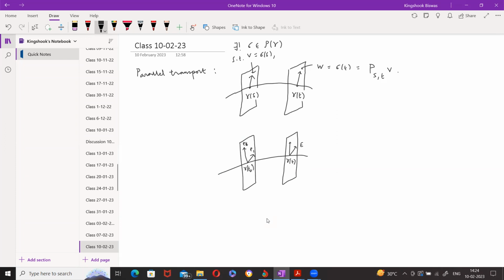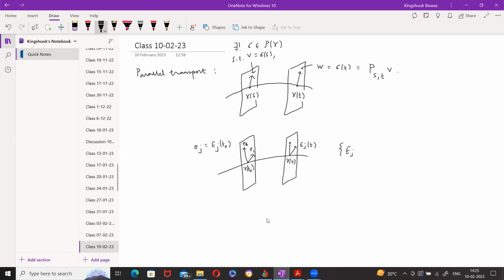This basis will be E_j of t. So this little e_j is E_j of t_0. So you take one basis and then by parallel transporting it along the curve, you'll get a basis at every point along the curve. Is that clear?